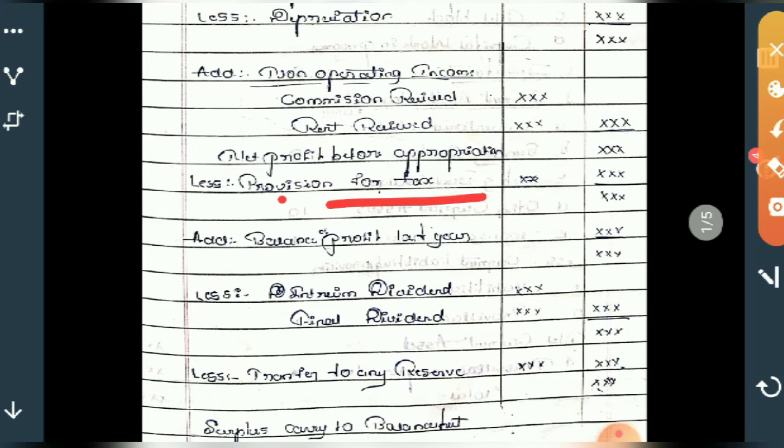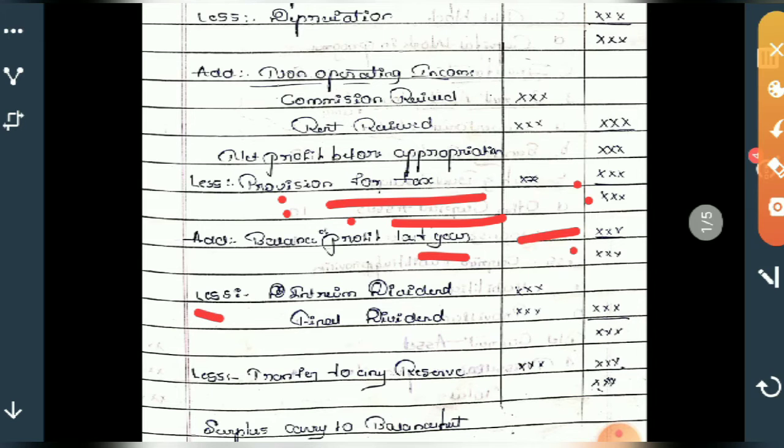So the provision for tax you have to deduct and take that here. Then after deducting, the balance or profit of last year's, if any, will be mentioned in the question; you have to add that and take it into the next column.